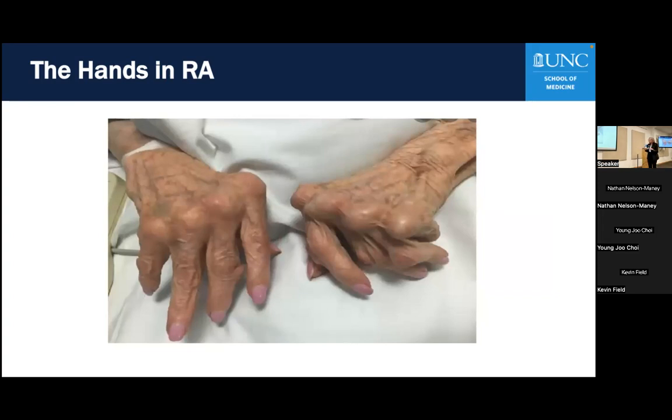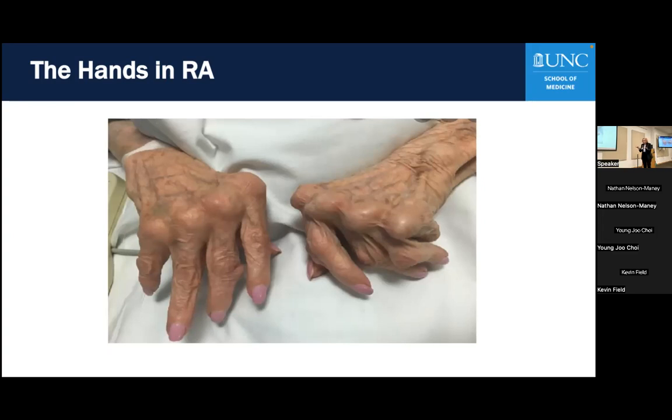And what you can see here, here are our metacarpal phalangeal joints. And then you can see that the joints are actually subluxed. And what I mean by subluxed is, normally each side of the joint is lined up. And when they get subluxed, they go that way. And you can see how there's a step off here at the MCP joint, okay?